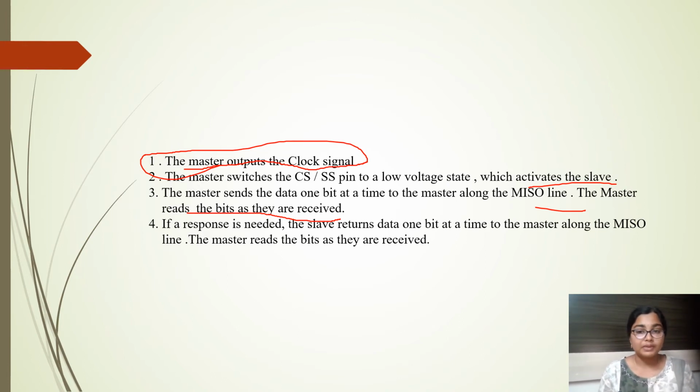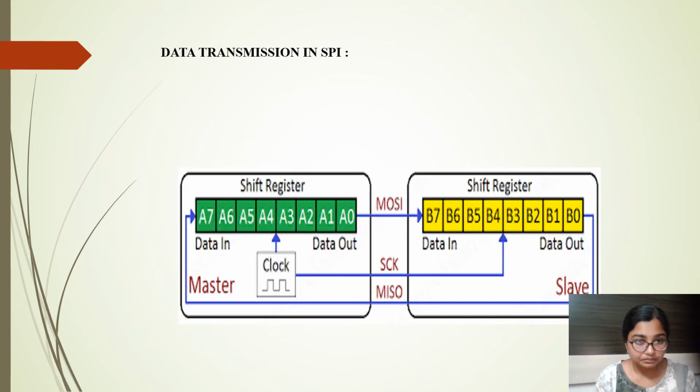So what does this operation mean? Here the master generates the clock signal. This clock signal is transferred to the slave, and from the slave the data bits are again transmitted to the master.